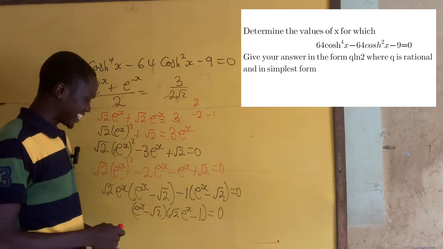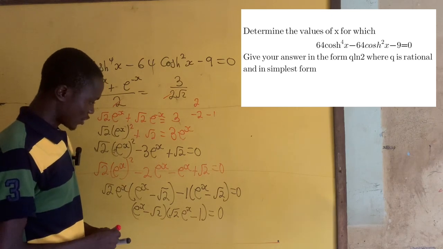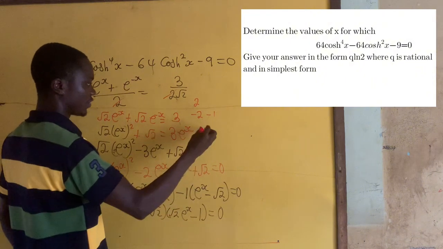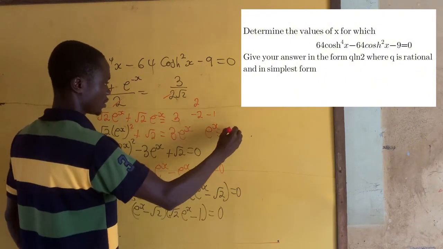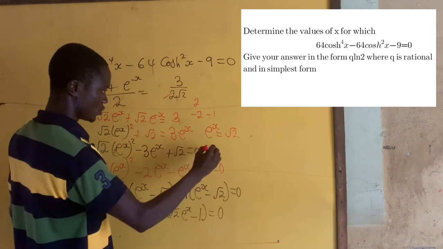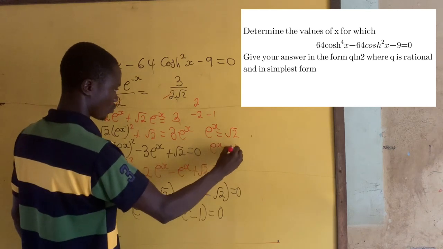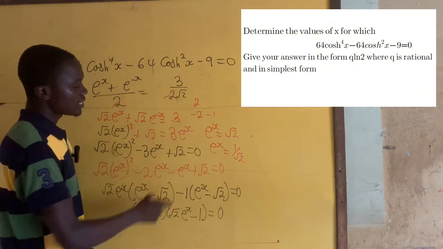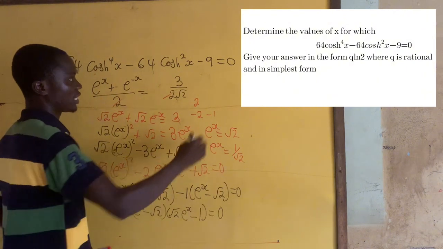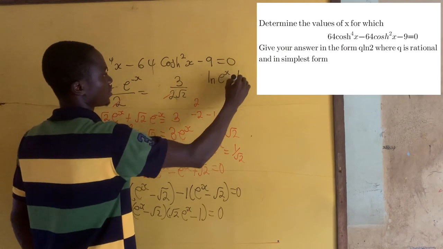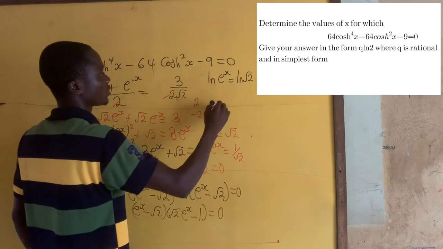We are getting it. So let's see what we do next. Let's equate each factor to 0. If we equate this to 0, we have e power x equals positive root 2. And if we equate this to 0, we have e power x equals 1 on root 2. Then we take natural log of both sides. So we have ln of e power x equals ln of square root of 2.